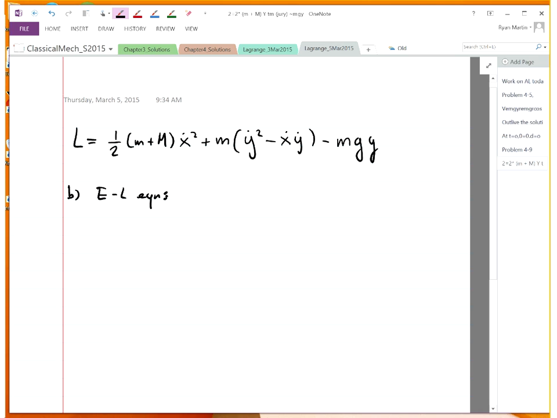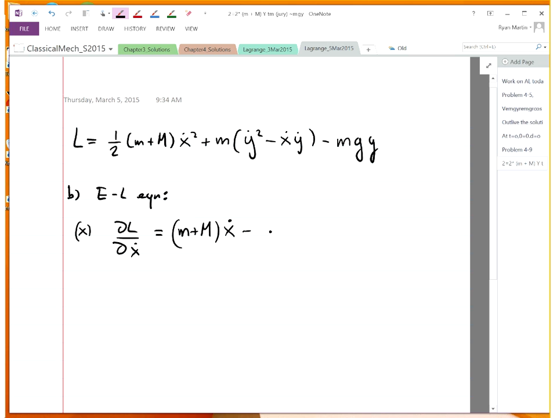Now to get the equations of motion, we do the Euler-Lagrange equations. Let's do it for x. We need ∂L/∂x dot, which is lowercase m plus capital M times x dot, that's the first term.